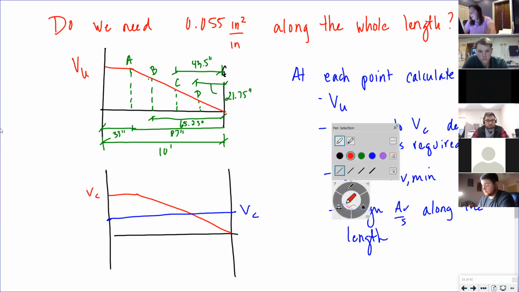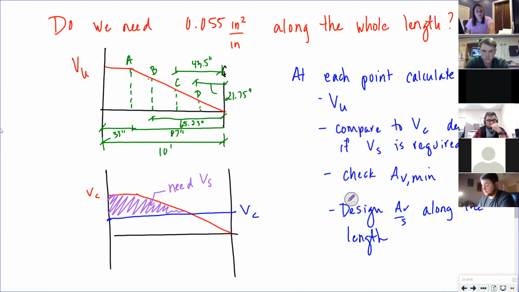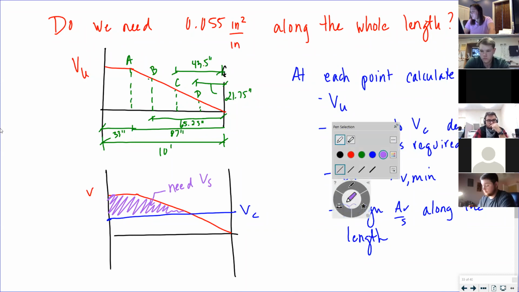And so anytime that your shear is above your contribution from your concrete, you need VS to make up for it, right? That should say VO.